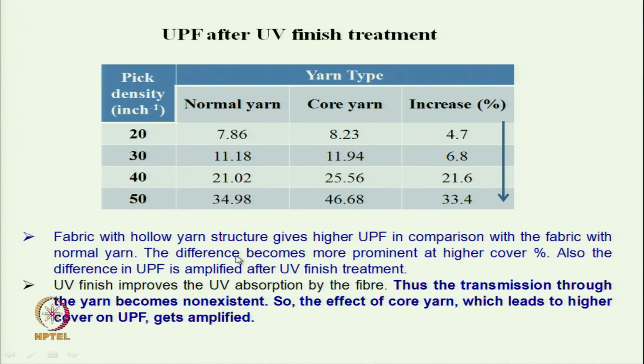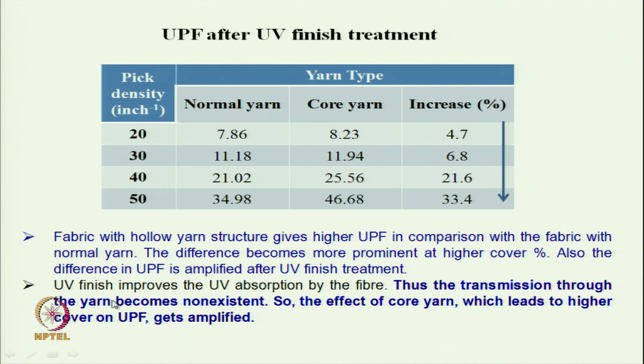Fabric with hollow yarn structure gives higher UPF in comparison with the fabric with normal yarn. The difference becomes more prominent at higher cover factor. Also the difference in UPF is amplified after UV finish treatment. This is clear here, the difference is magnified.